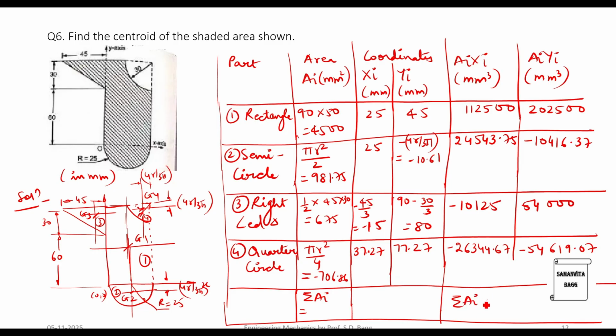Then we have to calculate summation Ai, summation Ai xi and summation Ai yi. This is 5449.89. This is 100574.08, and lastly this is 191464.56. So once you have calculated everything in the table, you have to find G, x bar, y bar.